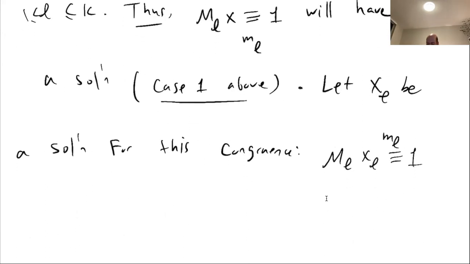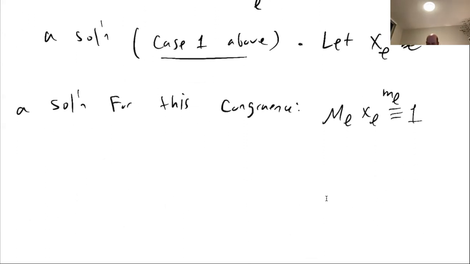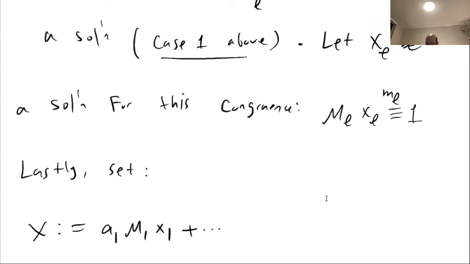Okay, so lastly, set X equals A1 M1 X1 plus all the way to AK MK XK.